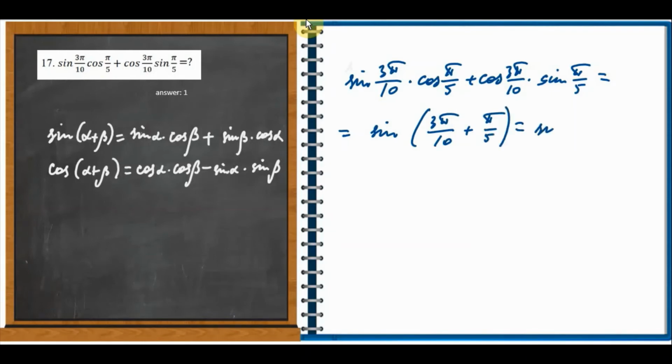All we need is to add fractions. The common denominator will be 10. We must multiply 5 by 2. 3 pi plus 2 pi is going to be 5 pi. Now, it's sine pi over 2. Pi over 2 is 90 degrees, and sine of 90 degrees is 1.